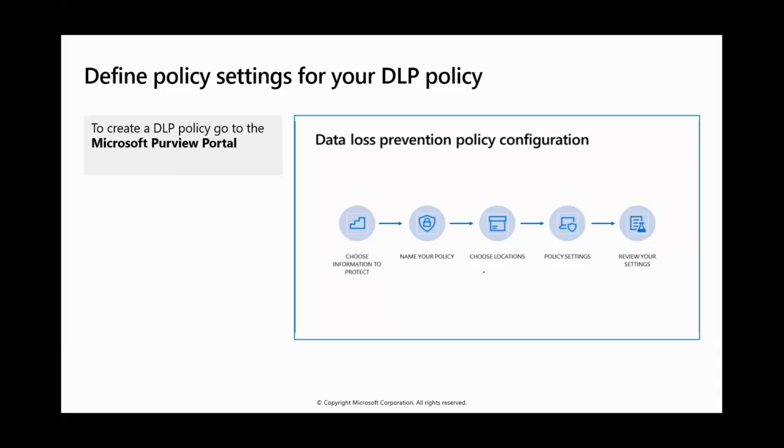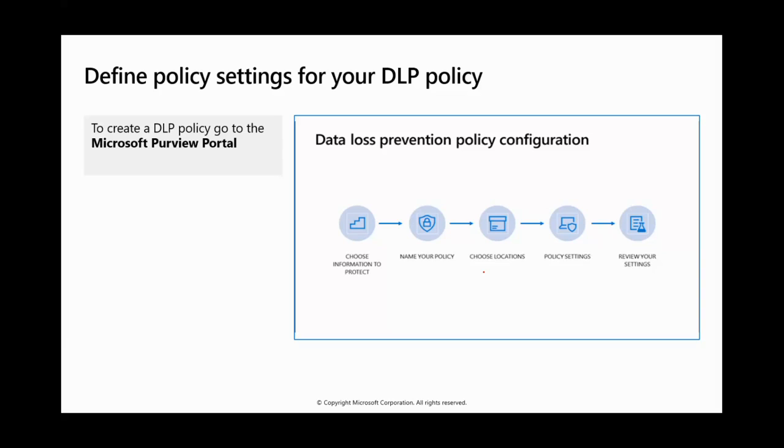In this compliance center, we are going to choose what we want to monitor. DLP, or data loss prevention, comes with many predefined policy templates to help us get started, or we can discover that we can create our custom policies.